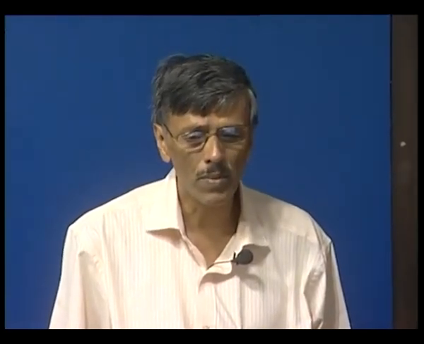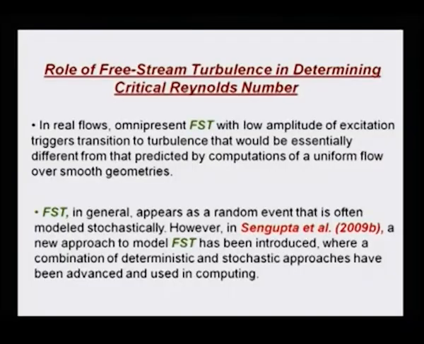So now what I would like to do is move over to find out what the role of this background disturbance is going to be. So what is the background disturbance that we can think of, let us say, in a wind tunnel?